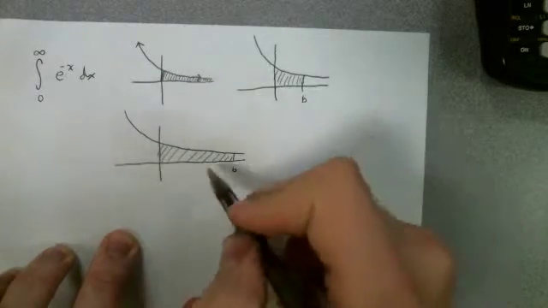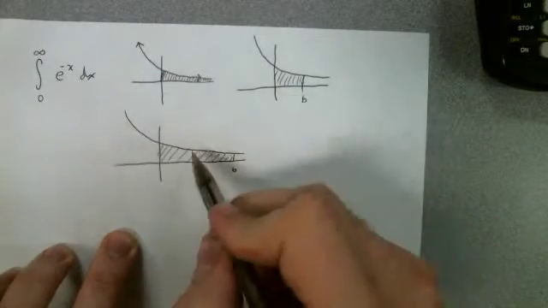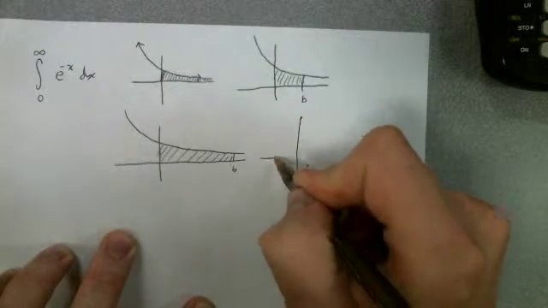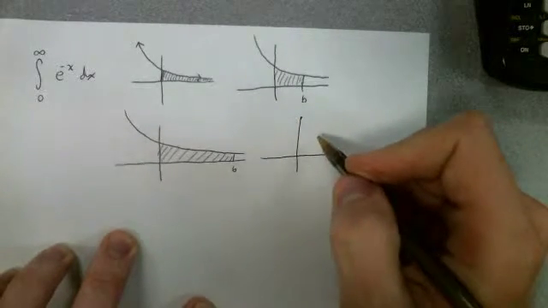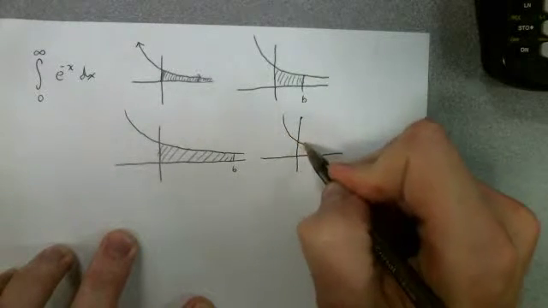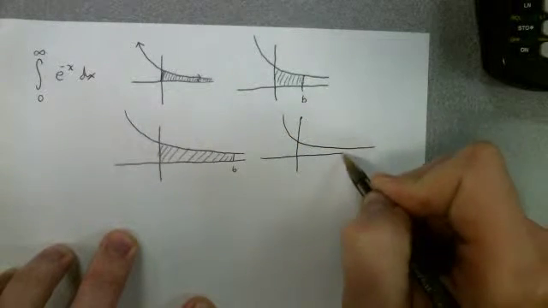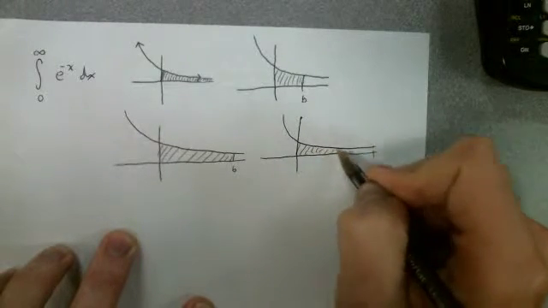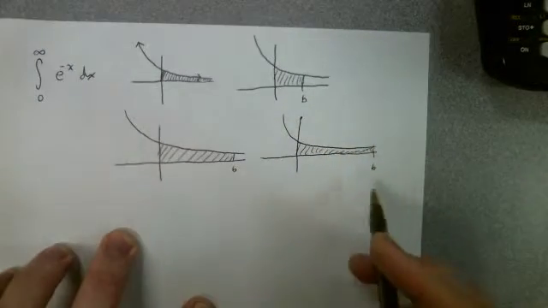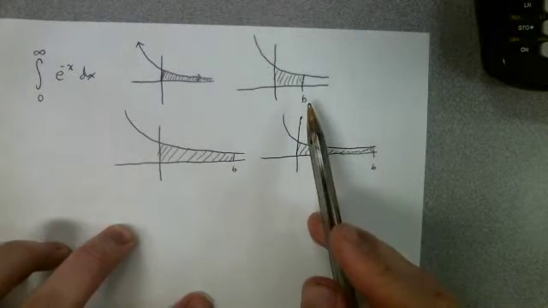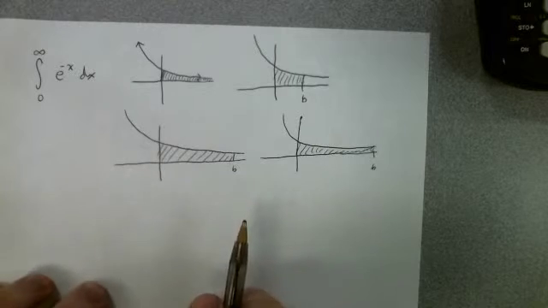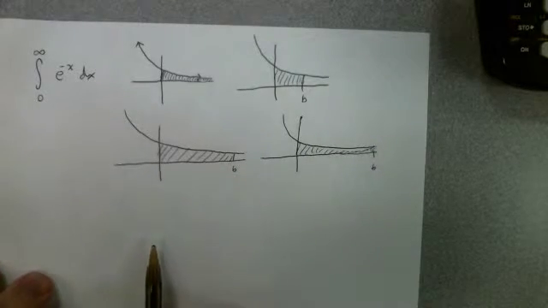As we calculate more and more area, is the amount of area we're getting approaching a number? We're going to take b very, very far out and see what happens. As b gets bigger and bigger, is the amount of area we're finding approaching a number? In other words, we're doing a limit.